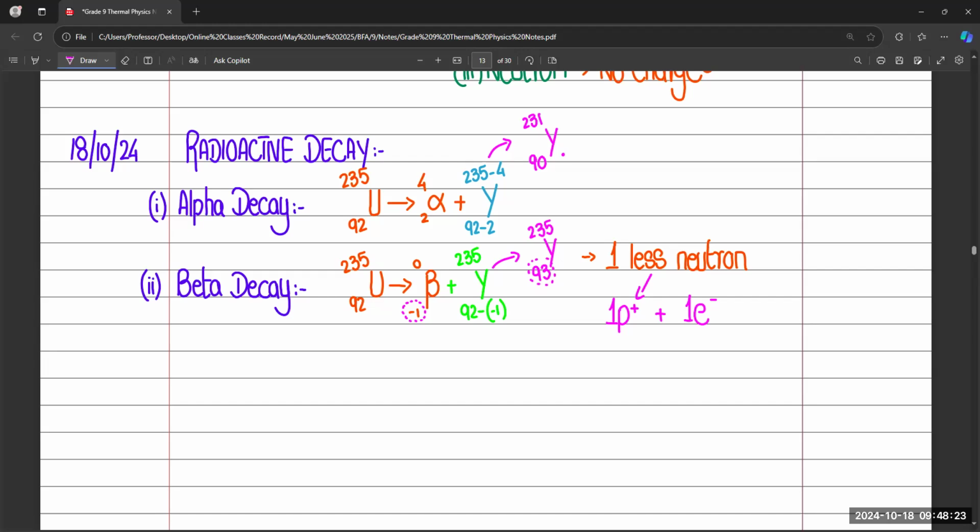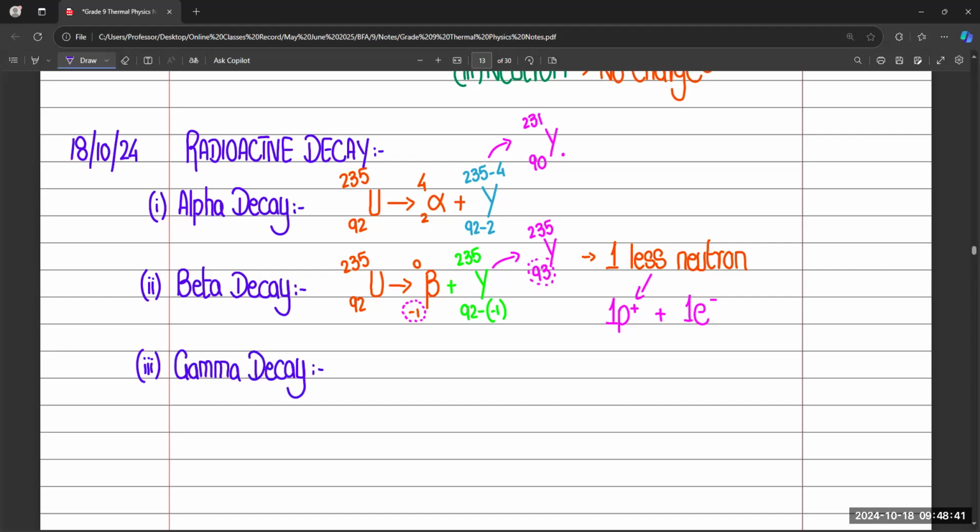And the final one is gamma. And you know gamma is neutral. Gamma decay.